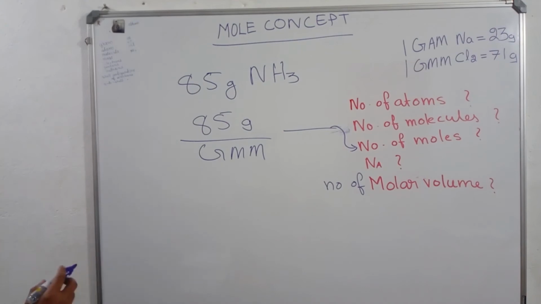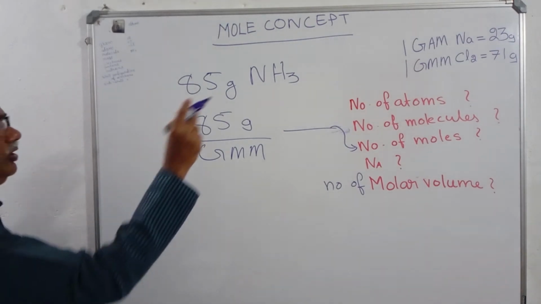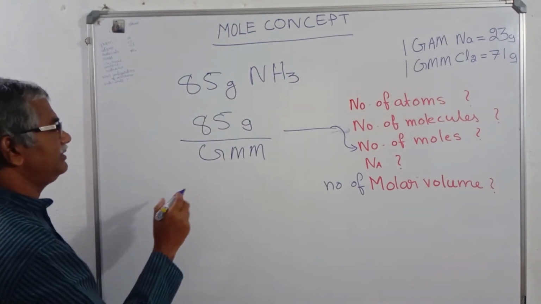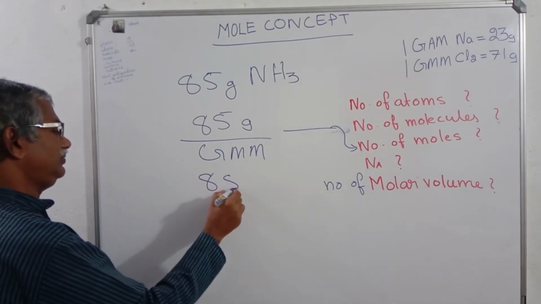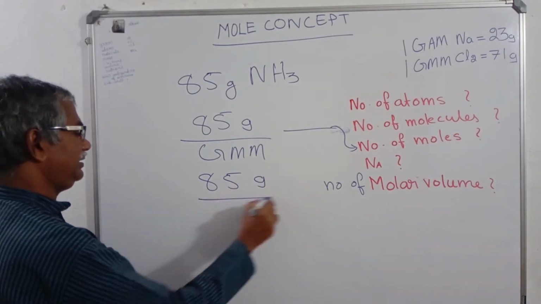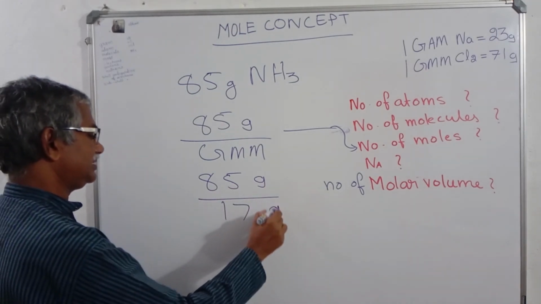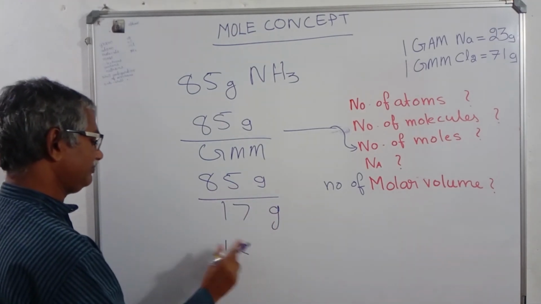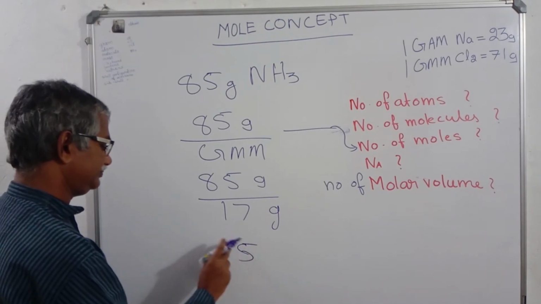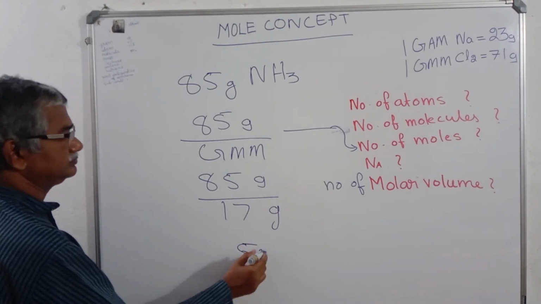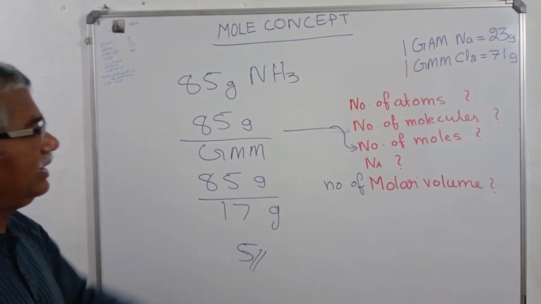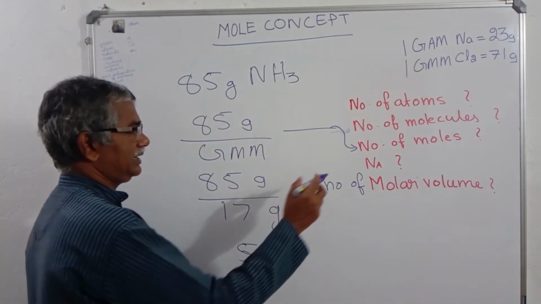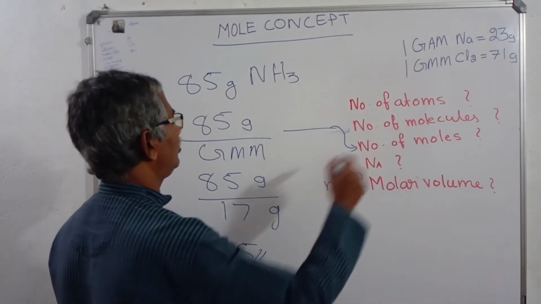So here GMM of ammonia is 17 gram. 85 gram by 17 gram, you are getting 5. So 85 grams of ammonia contains 5 moles.